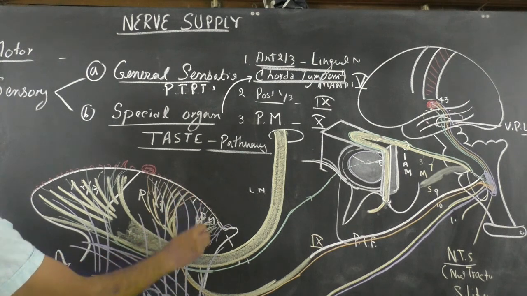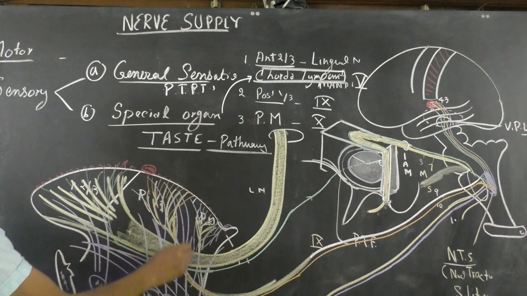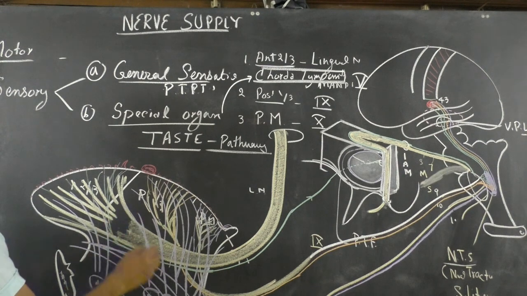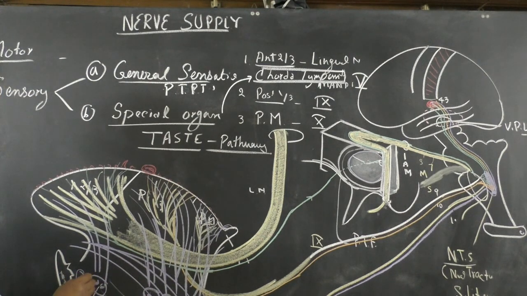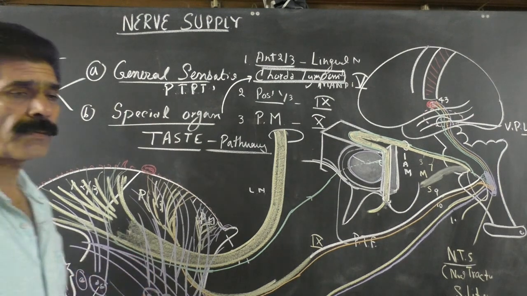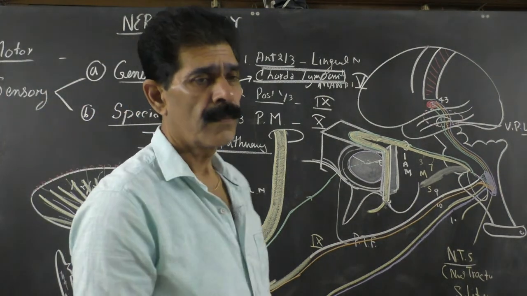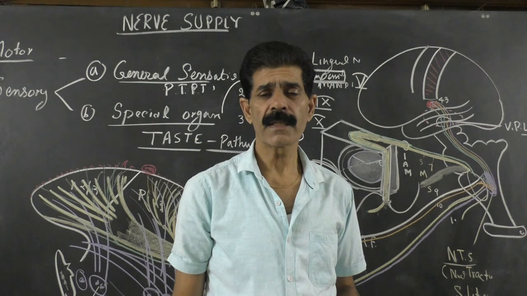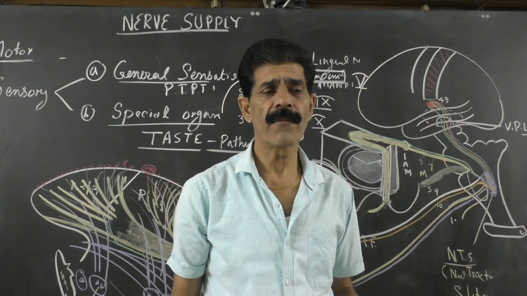So due to the bilateral lymphatic drainage of the tongue behind the sulcus terminalis, it is very important for a surgeon during cancer of the tongue, removal of the lymph nodes. So we have to remove the bilateral lymph nodes of the submandibular group, because the posterior part of the tongue is having the bilateral lymphatic drainage.